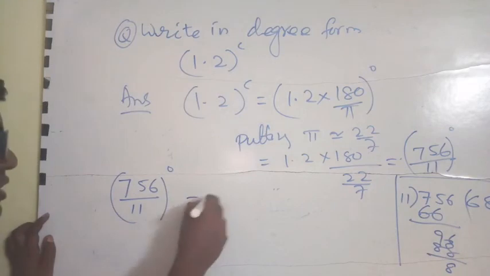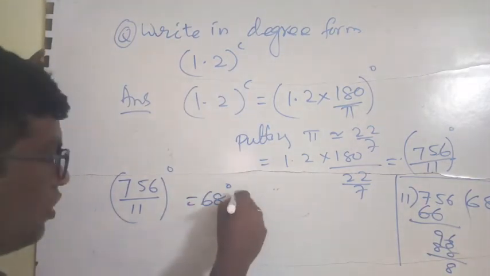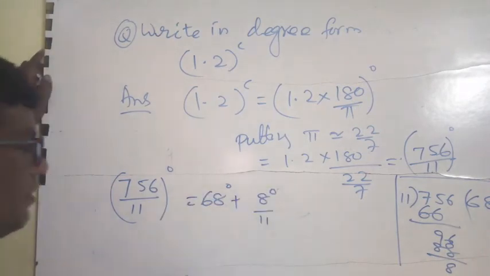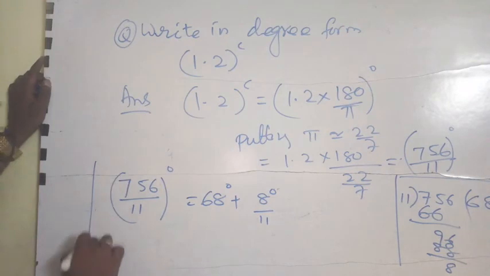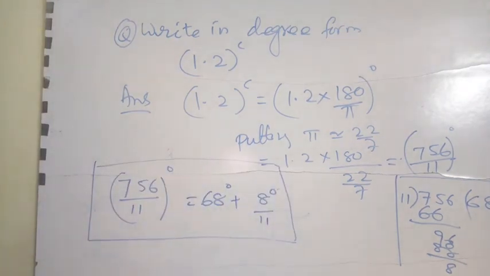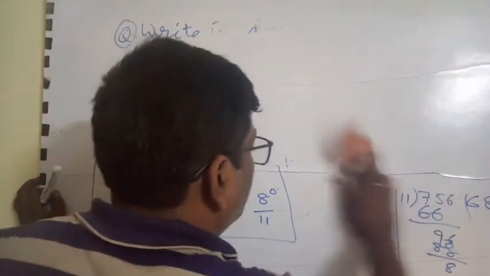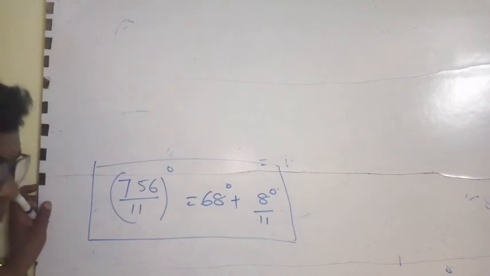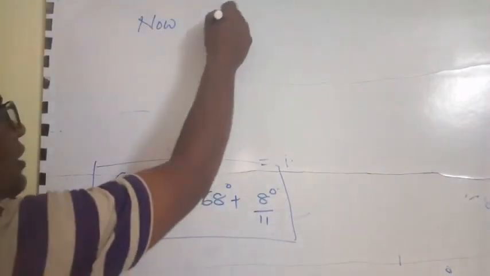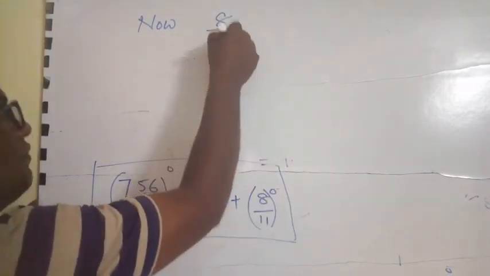Here we get 68 degree plus 8 by 11 degree. Now keep this in a box. Now 8 by 11 degree.